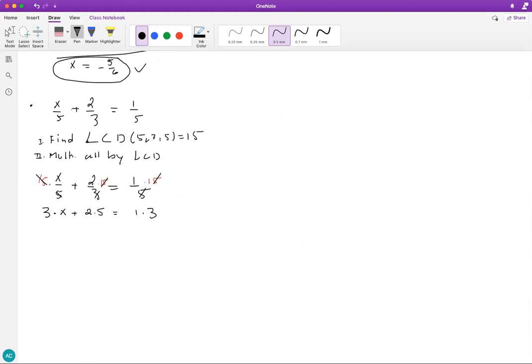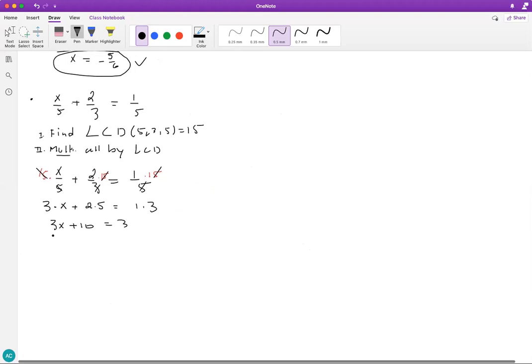Now we can do the actual multiplication. Much easier to multiply now after reducing. So this would be 3x plus 10 and 3. What do you cancel next? The 10. Negative 10 both sides.